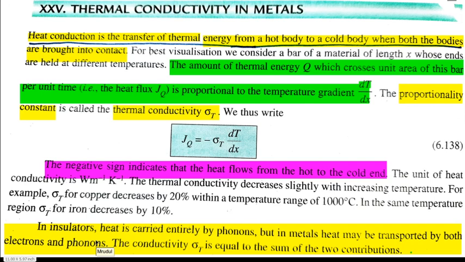The transportation takes place by two entities, one is the phonon and the second is the electron. If we look at the magnitude of the contribution of electron conduction and of phonon conduction, we observe that the contribution of the phonon is very small, in thermal conductivity as well as in electrical conductivity, especially in metallic crystals.